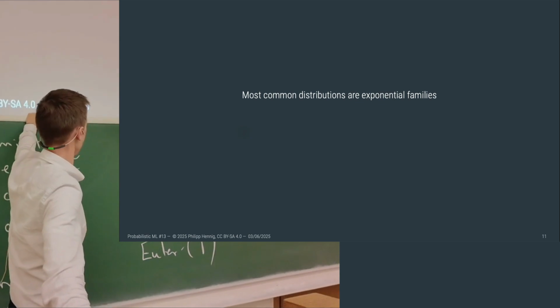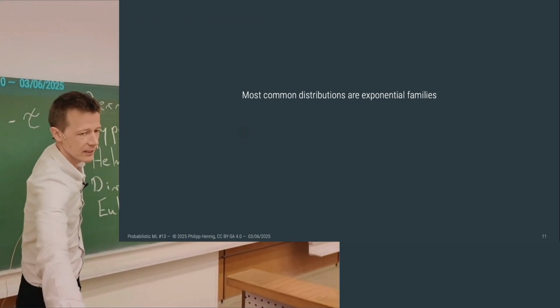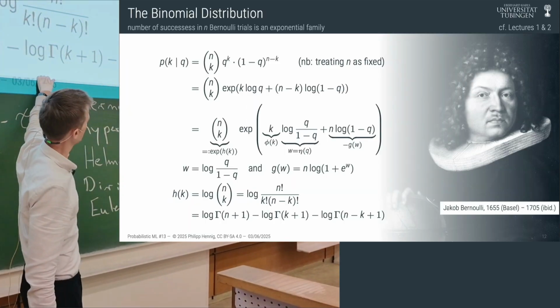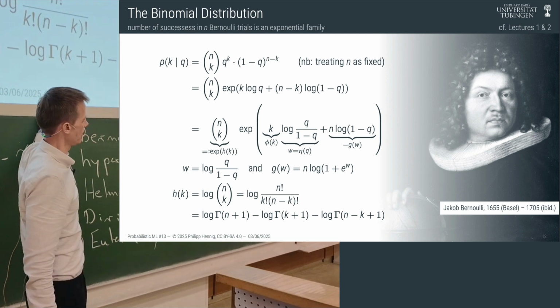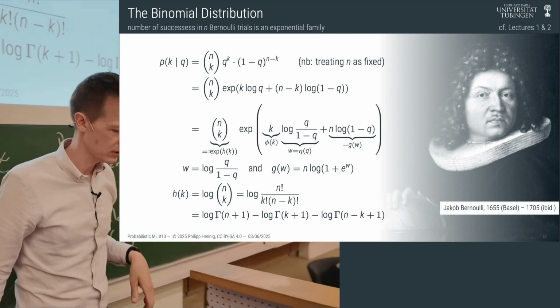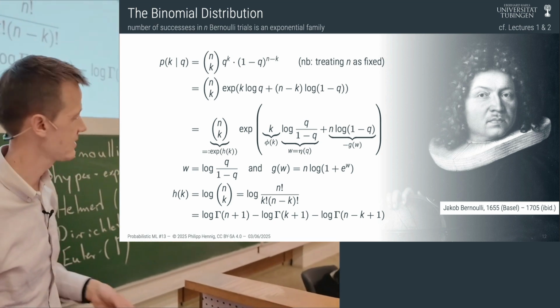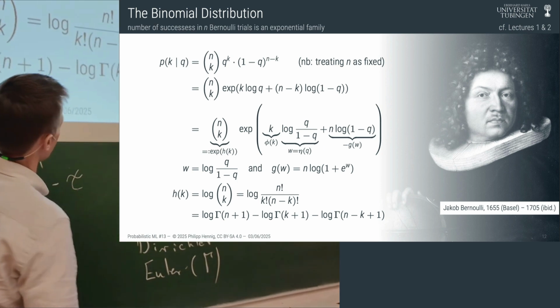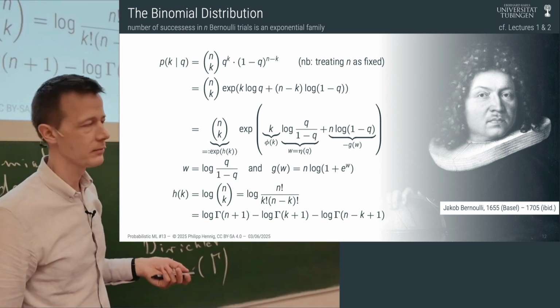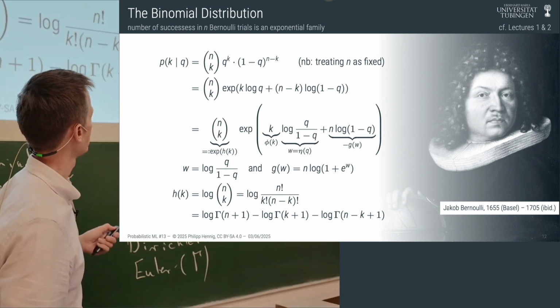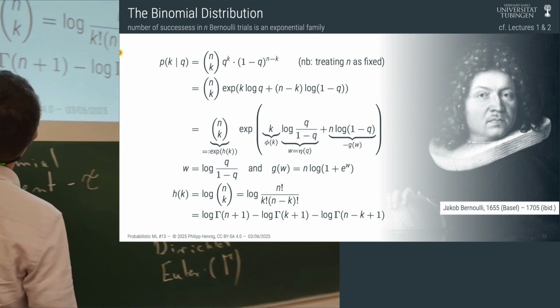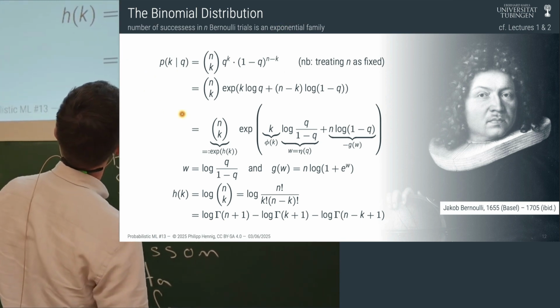So actually, let me pick this one right up here. Here he is, Jacob Bernoulli, a Swiss mathematician that apparently spent his entire life in Basel. And careful, there are several Bernoullis. You always have to make sure you get the right picture. This apparently is Jacob. They are brothers, I think. Here's the distribution.